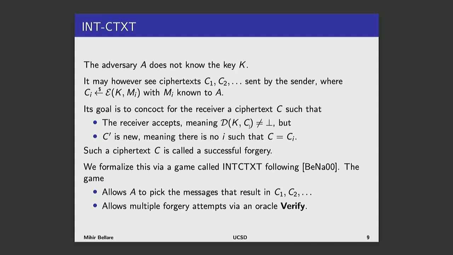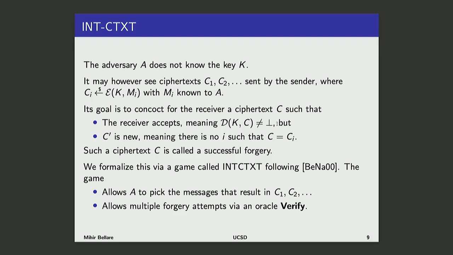And the only thing that matters to us for authenticity is whether or not decryption rejects. So decryption can output one of two things. One is a string, which is a message, and the other is this symbol saying, I'm rejecting. And to win, all that the adversary has to do is ensure that decryption does not reject.